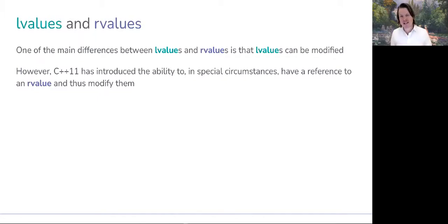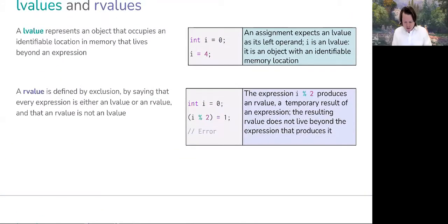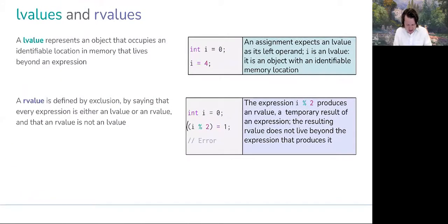So C++ has introduced the ability, in special circumstances, to have a reference to an rvalue and actually modify that rvalue, which has interesting implications, because sometimes our functions return a temporary object. We have return value optimization by the compilers right now, but there are a lot of times where temporary objects are scattered throughout.